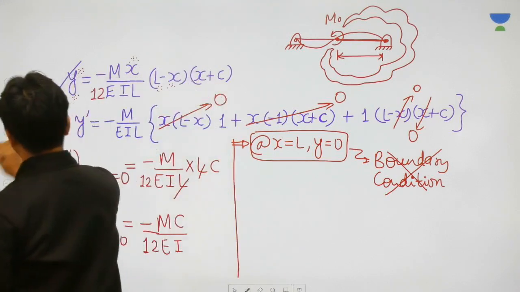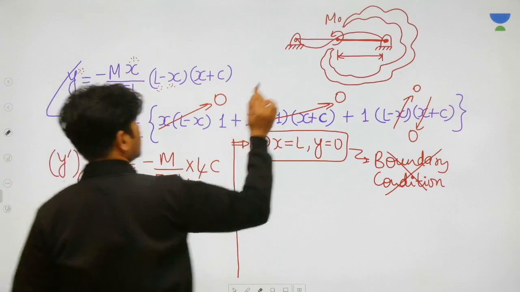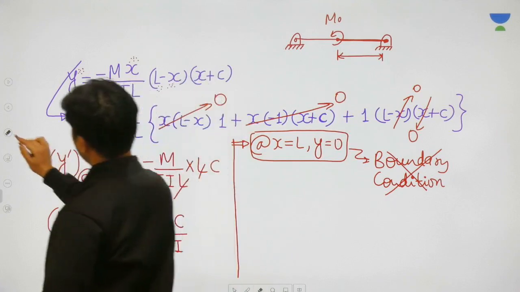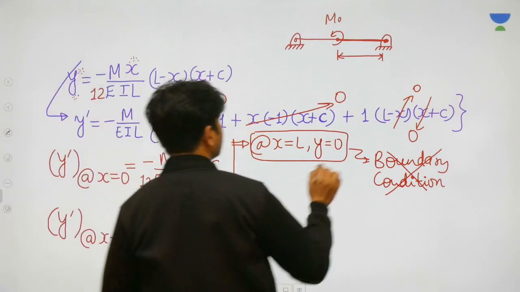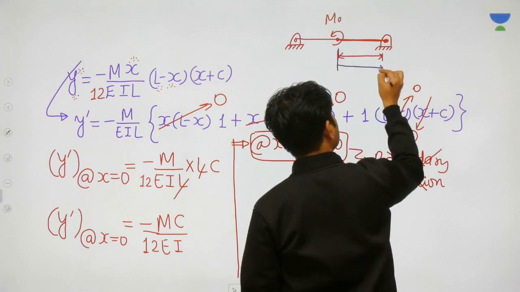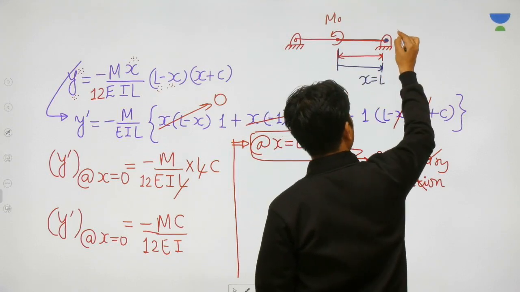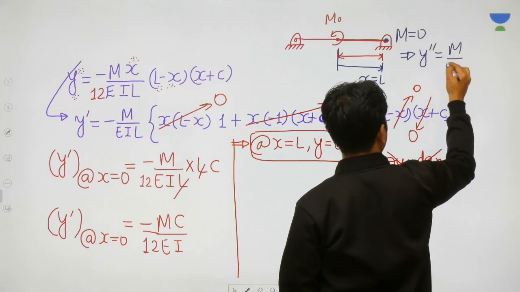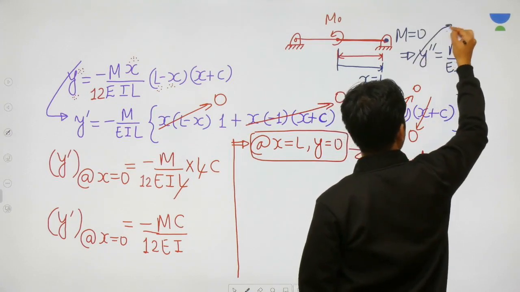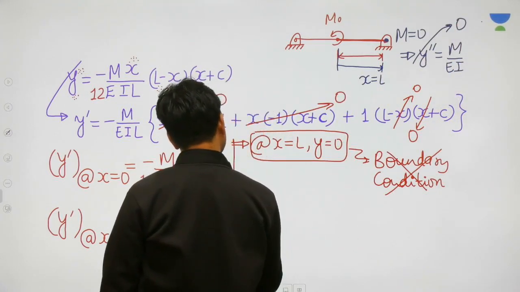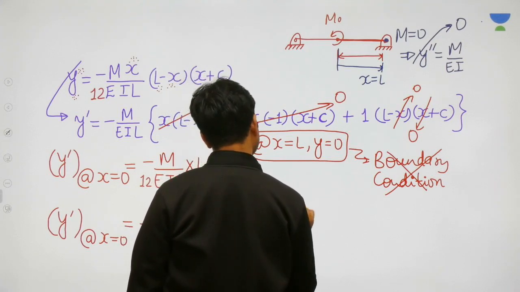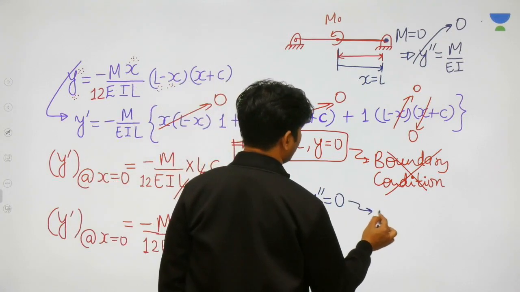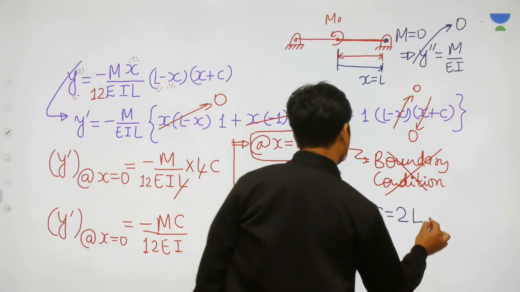I'm going to use one interesting boundary condition, and that interesting boundary condition here is what? Listen very carefully and try understanding. My dear friends, at x is equal to L, bending moment is 0, and we know y double dash is equal to m divided by EI. So if bending moment is 0, y double dash will be 0. If you use this boundary condition at x is equal to L, y double dash is equal to 0, then you will get the C value as 2L.